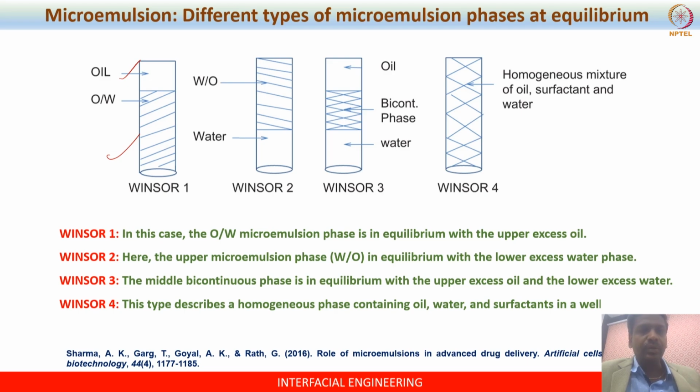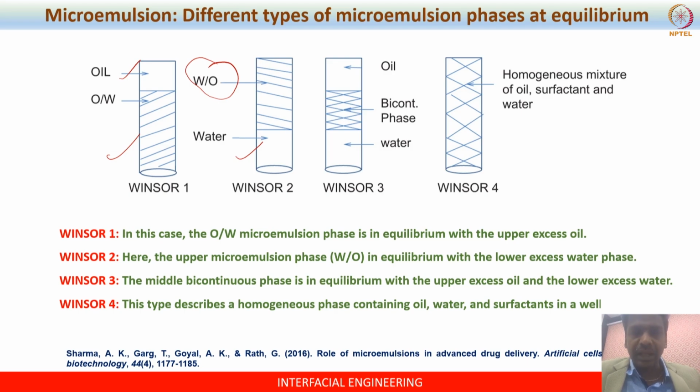There is another type of microemulsion. Sometimes, instead of oil being the excess component, you may end up getting water as the excess component. In such a scenario, water, being the heavier component, will lie below the water in oil emulsion phase. In the case of water in oil emulsion, oil is the continuous medium.